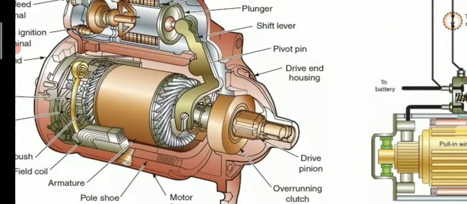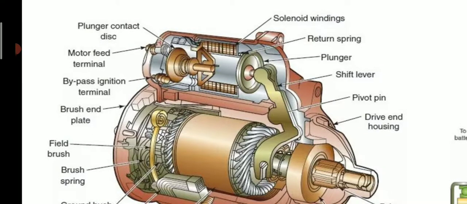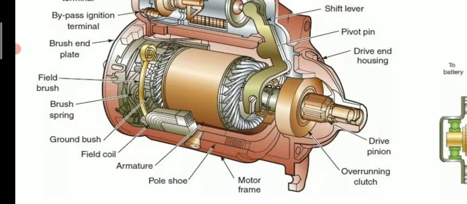In the solenoid there is a plunger, after that the plunger contact disc and the motor feed terminal. Below that there is a starting motor, which has a drive pinion connected to the gear of the flywheel, and inside you will see a lot of electrical engineering mechanisms. So these are some of the electrical components.